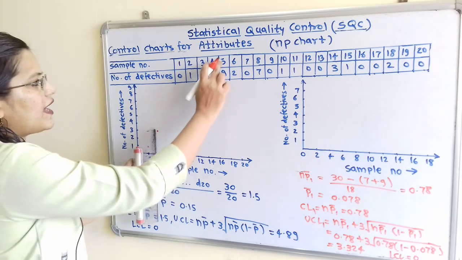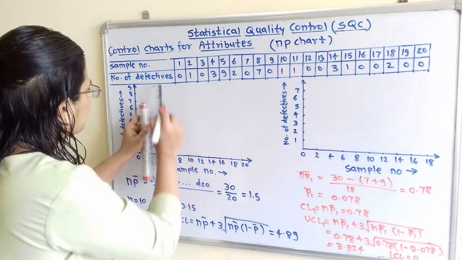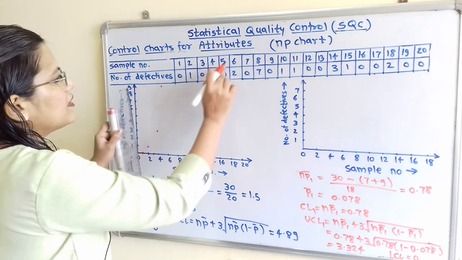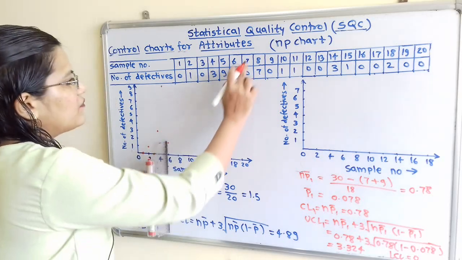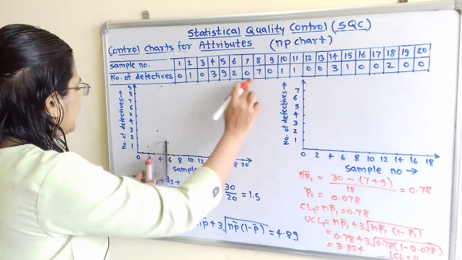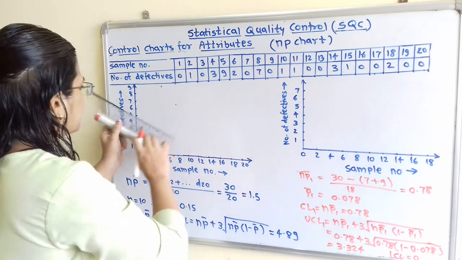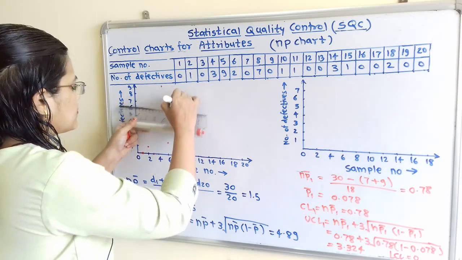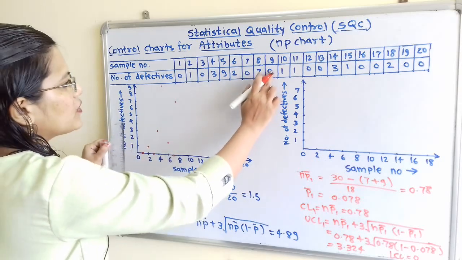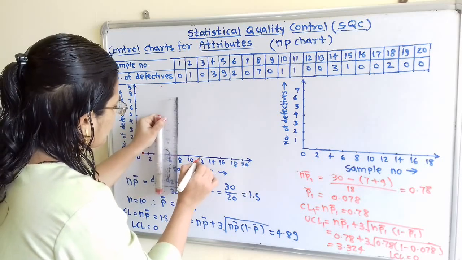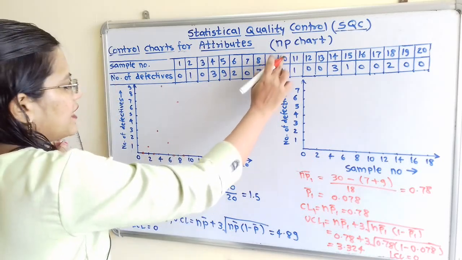Then for 5 it is 9. For 6 it is 2. For 7 it is 0. For 8 it is 7, so we plot the point 7. Then for 9 it is 0. For 10 it is 1.